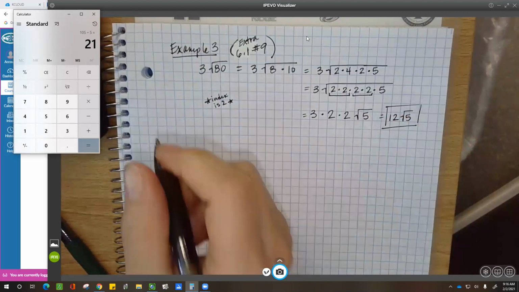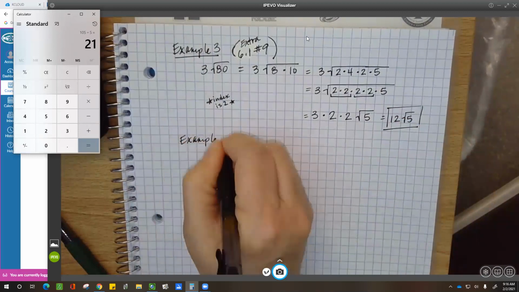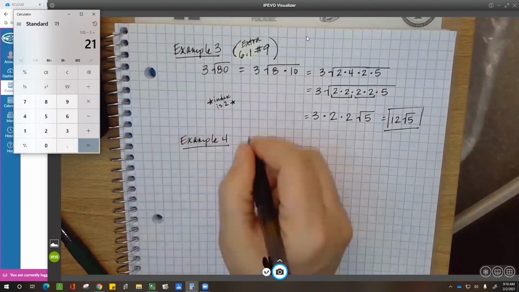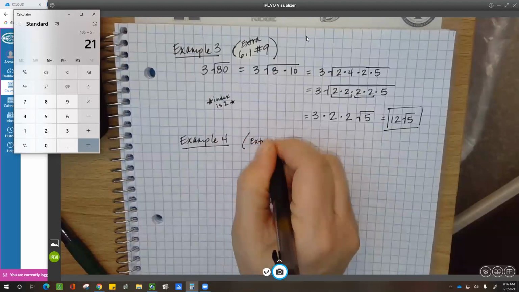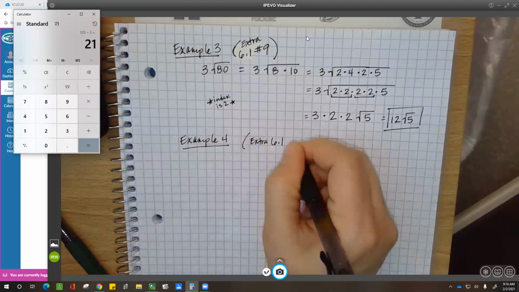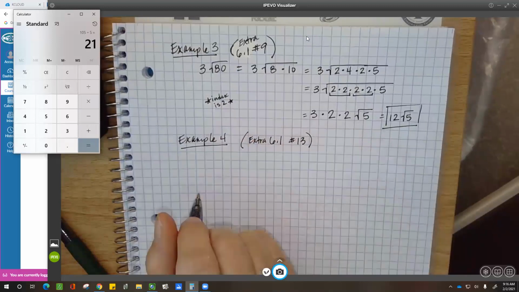Here's the last one. And this I'm pulling from Extra Practice 6-1, number 13. Now, I realize this looks a lot different.